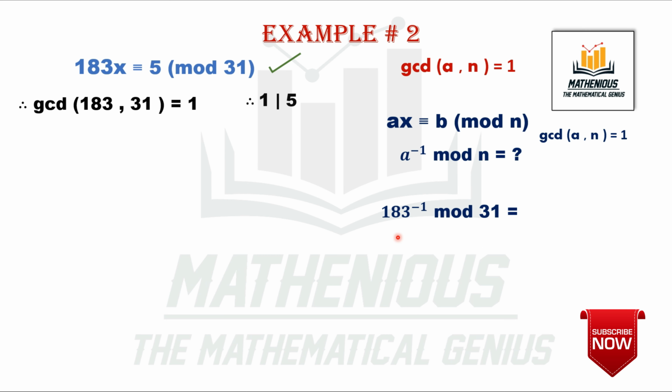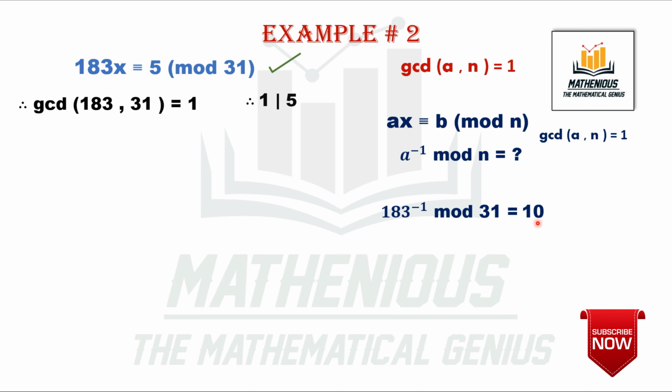So 183 inverse mod 31, I am not going to calculate it, I am just writing the answer, is equal to 10. How to calculate it, the link is given in the description. You can watch the whole video on how to calculate an inverse modulo. 183 inverse mod 31 is equal to 10.